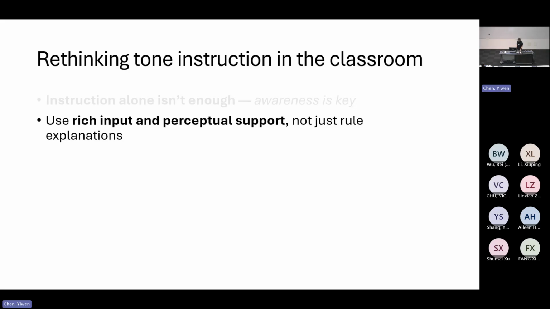We need to use rich input and perceptual support, not just rule explanations. One thing that we know from the research that we do is that people need a lot of input. We learn very fast. As I said, these experiments take about 10, sometimes 20 minutes, sometimes 40 minutes, right? But the more exposure people get, the better. And so here, for example, one thing that's very promising is the use of GPT and similar type of platforms.